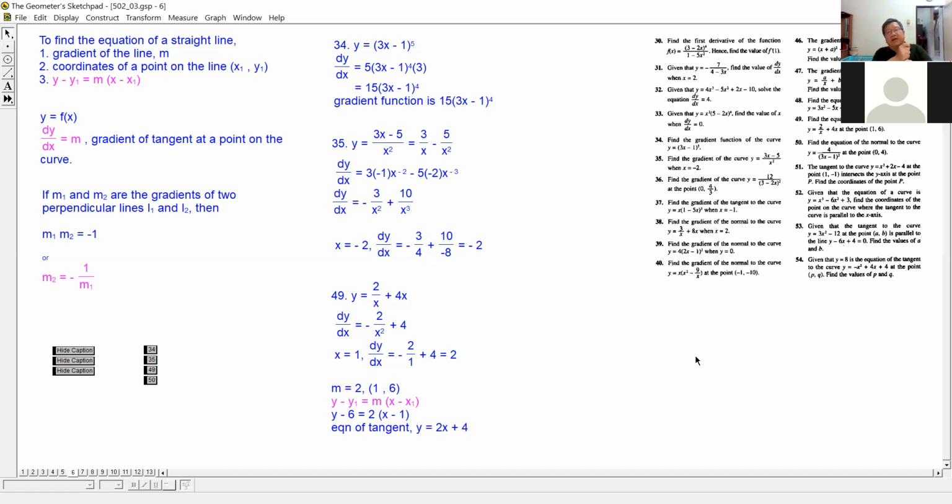You need to find the gradient. Then you ask yourself, how to find the gradient? Find dy dx. After finding dy dx, you put in x equals 1. You can find the numerical value, that specific value of the gradient of tangent. Answer is 2. So using this number 2 and the given point, you substitute into the formula, and that will be the equation of tangent.